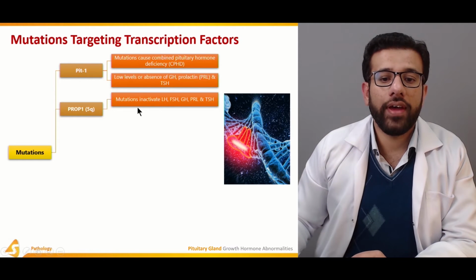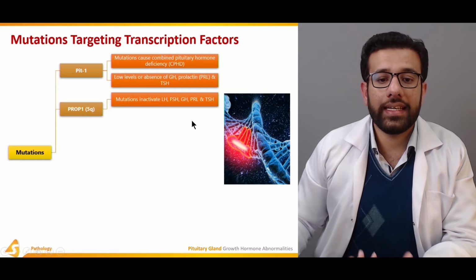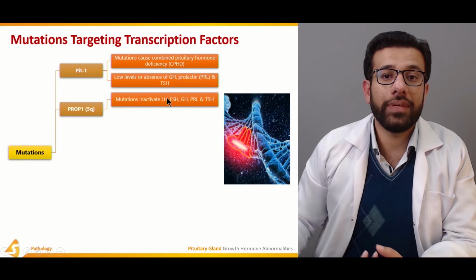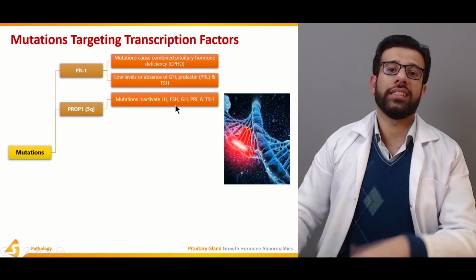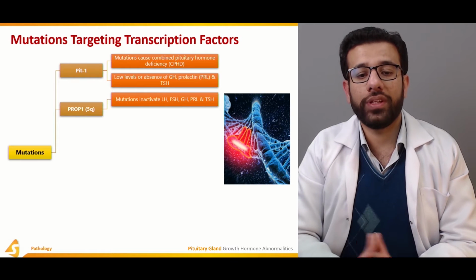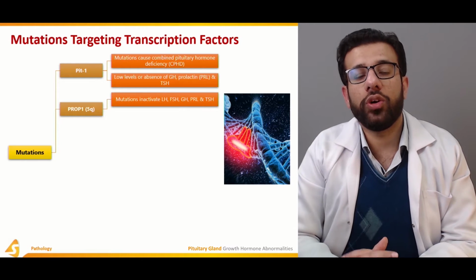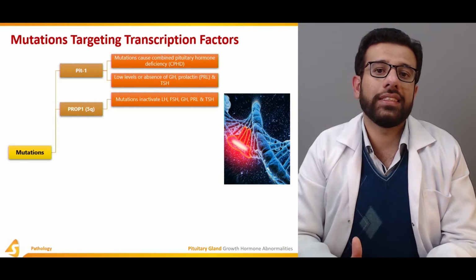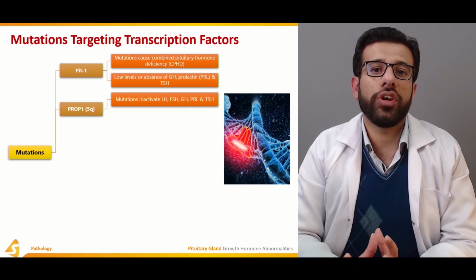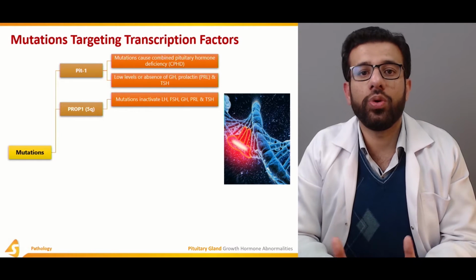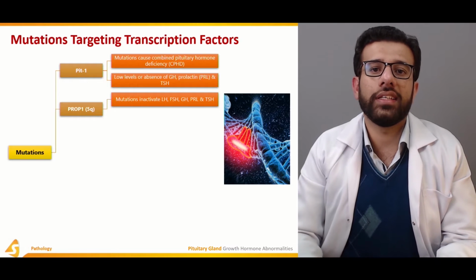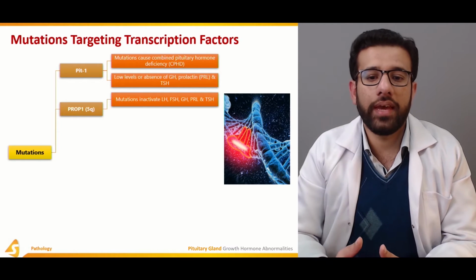The PROP1 5q mutation basically inactivates the LH, FSH, growth hormone, prolactin, and TSH. And at this stage, you all know that whenever there is a deficiency of LH and FSH, which are necessary female hormones contributing to the menstrual cycle as well as pregnancy, the patient can present with amenorrhea.